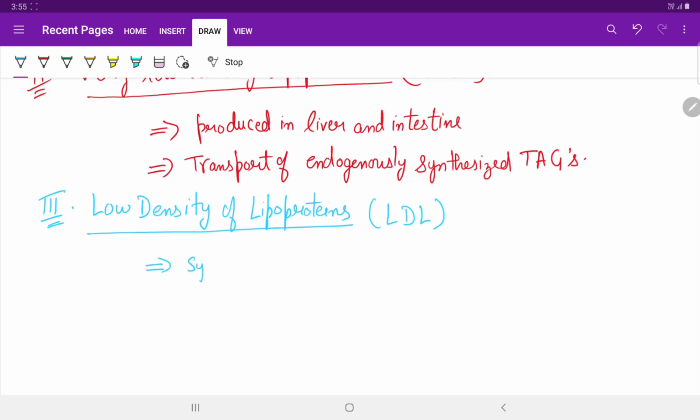They are synthesized from VLDL molecules in blood circulation.